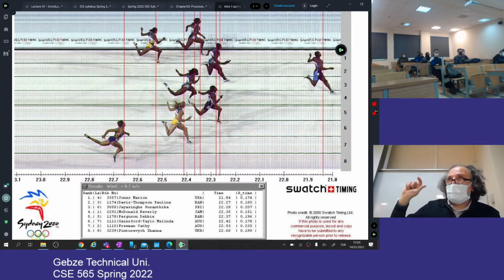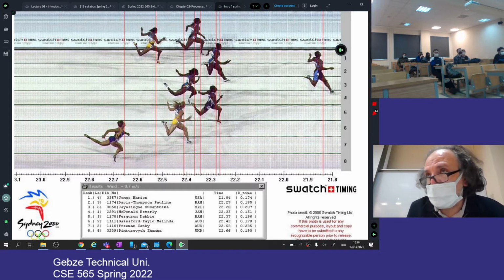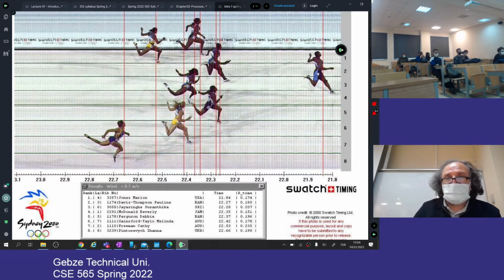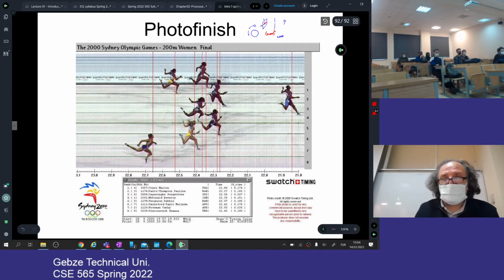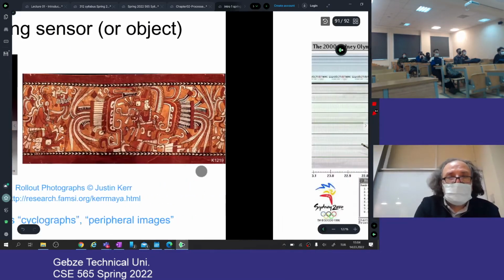The film rolls, and the camera continuously takes the images, and they used this photo finish for the horse races in the 1890s. I am not talking about 1980s. I am talking about 1890s, or maybe 1903 or something like that. Okay, so this is photo finish, and it's a different kind of camera.